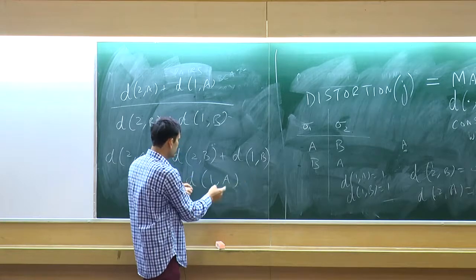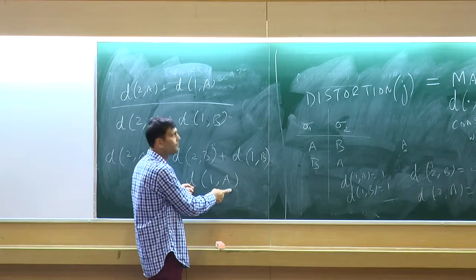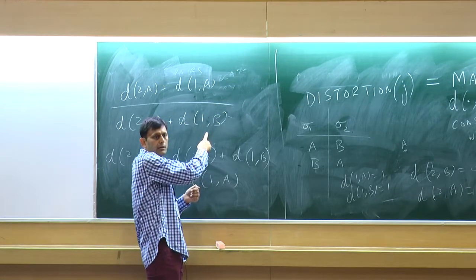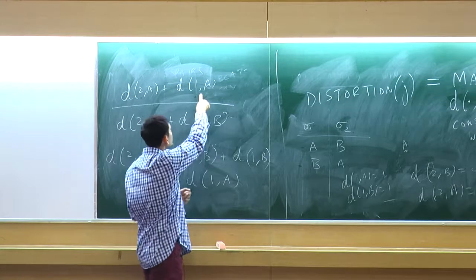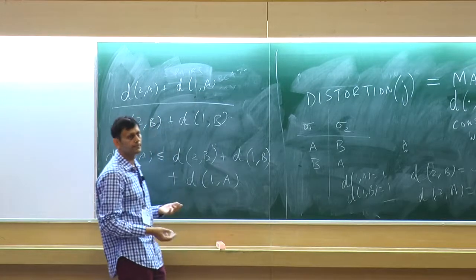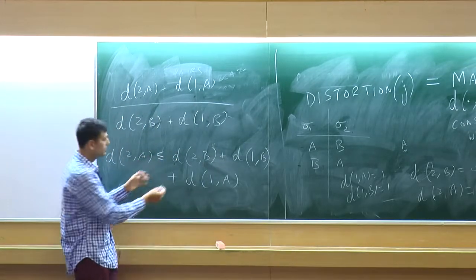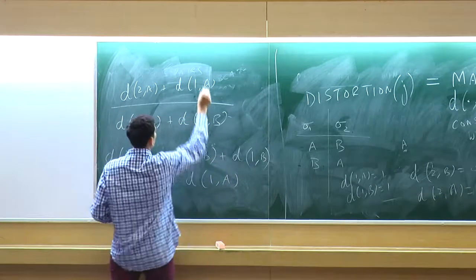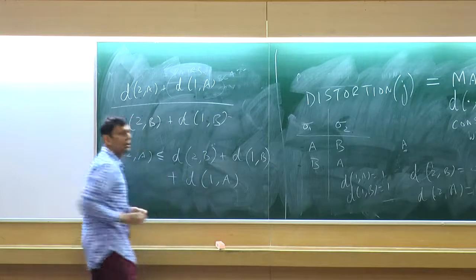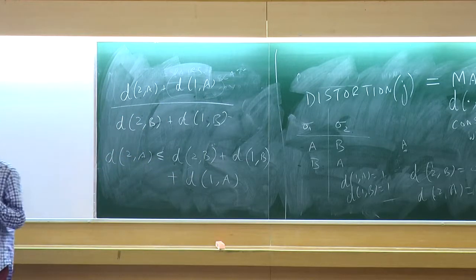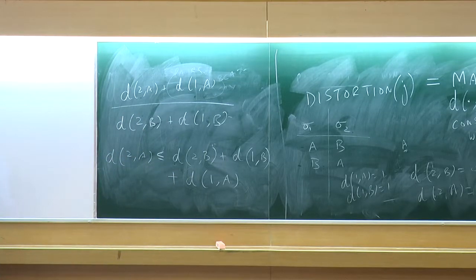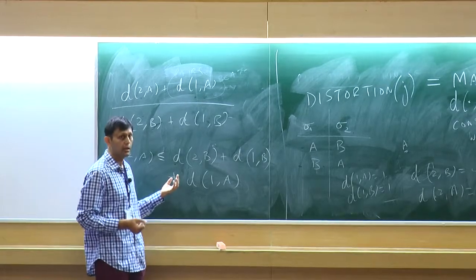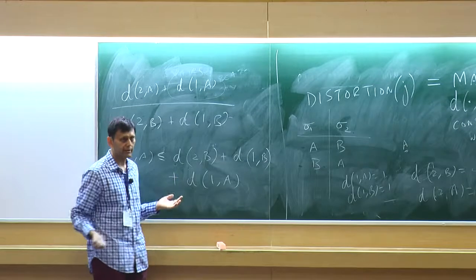This is also just the denominator, because D of 1 comma A is less than or equal to D of 1 comma B, and this D of 1 comma A is also just the denominator. Is that clear? So each of these terms is at most the denominator. Therefore, the thing at the top could be at most thrice the denominator, and hence you could be at most a factor of 3 off.